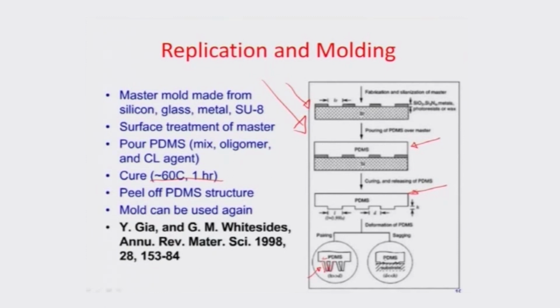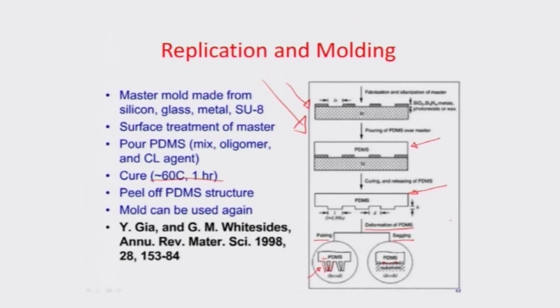If it is a low aspect ratio, that means the height is much lesser in comparison to the width, there is a problem of the PDMS sagging down by its weight, and then closure of the feature or structure can occur this way. Therefore, you will have to be careful about these two phenomena, pairing and sagging, because of the soft nature of the PDMS material.